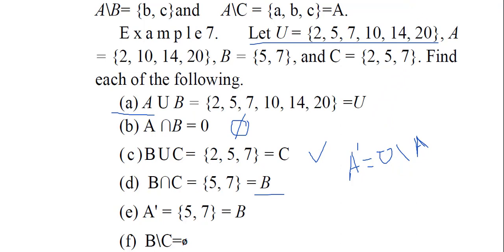Okay, next one, B minus C. Which elements we don't have in C? We don't have any elements. That's why it is empty set.